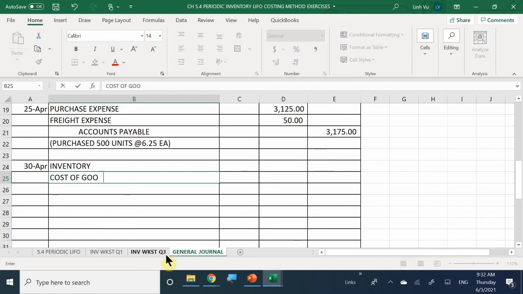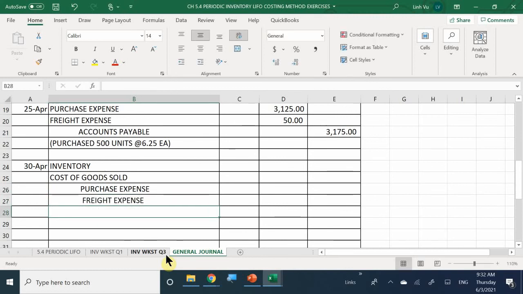Yes. And what else? Purchase expense and freight. And we have ending inventory. In this case, we don't have beginning inventory, do we? So we're perfectly fine right here.